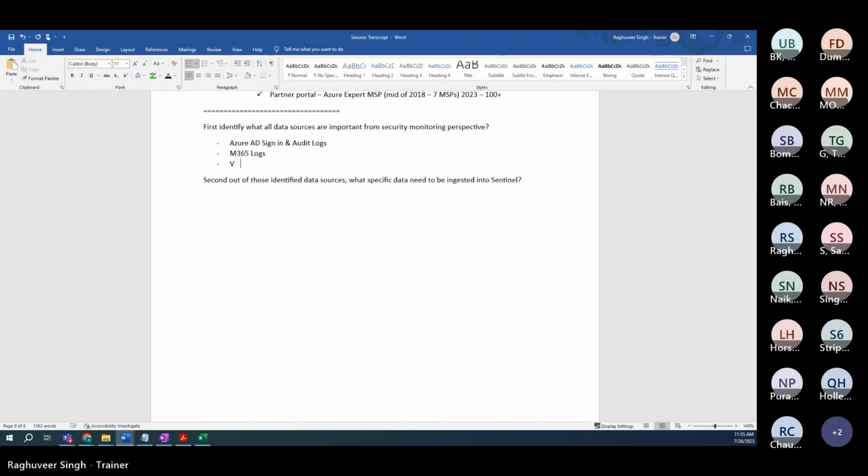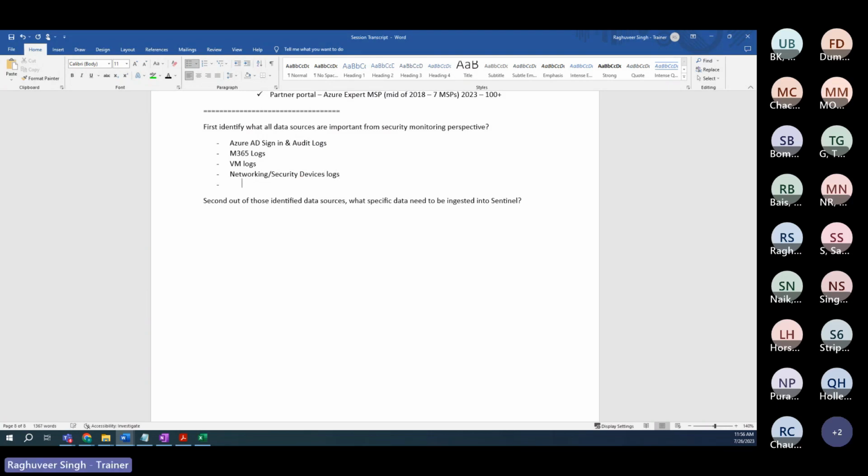VM logs are important. Networking and security device logs are important for you. So this is how you identify the data sources, including any third-party data source that you have in mind.